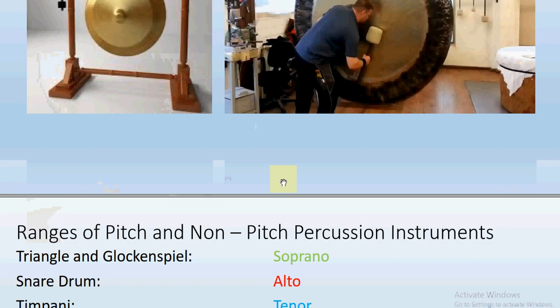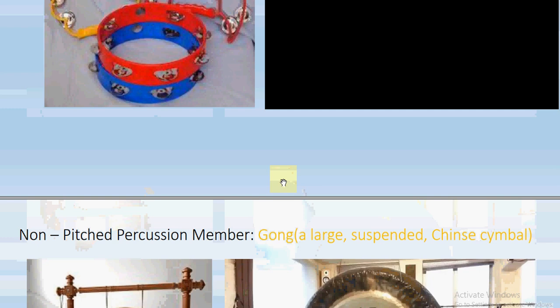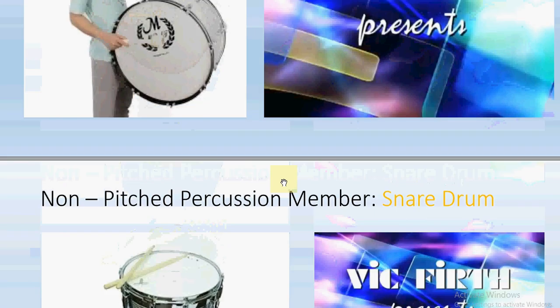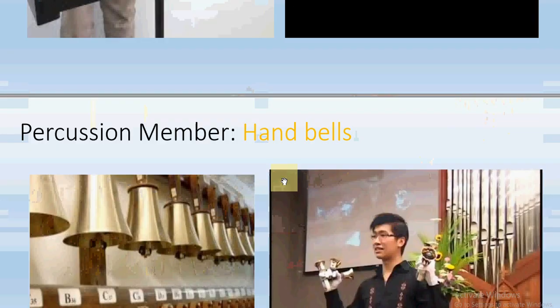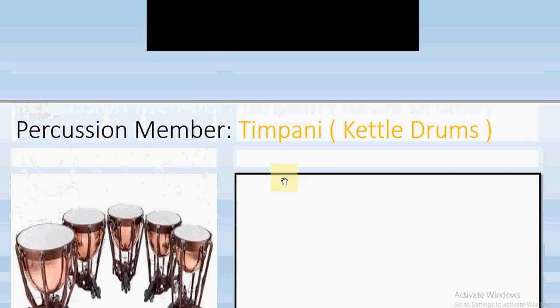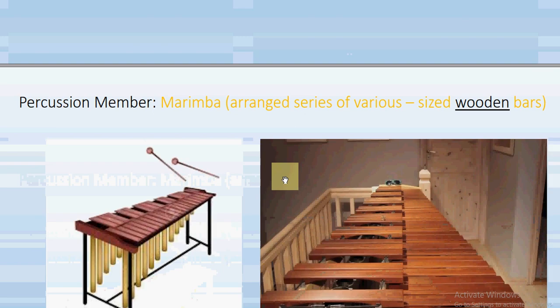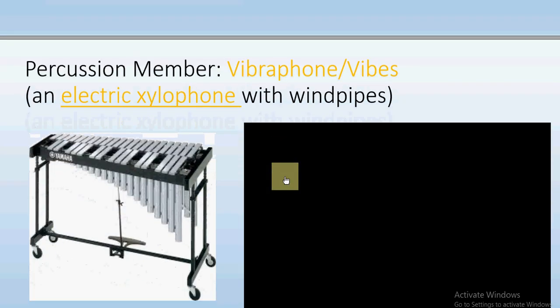So basically those are the percussion members, all of this. So: timpani, orchestra bell, glockenspiel, handbells, xylophone, marimba, vibraphone.